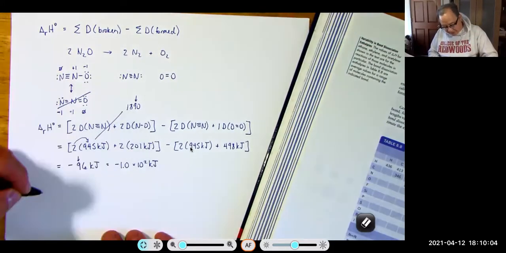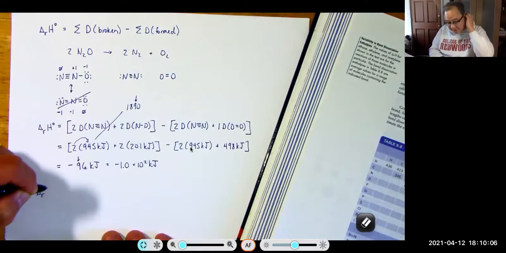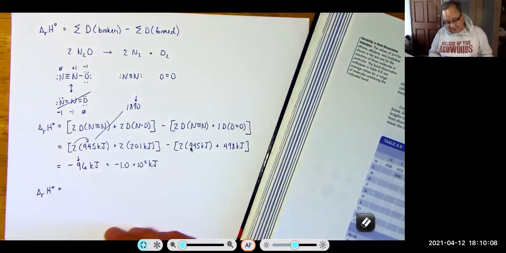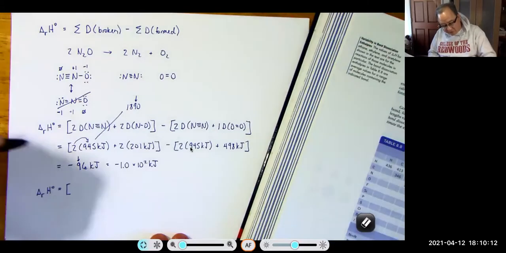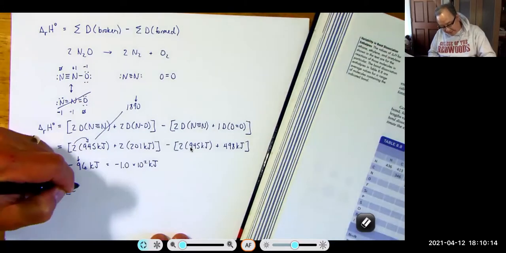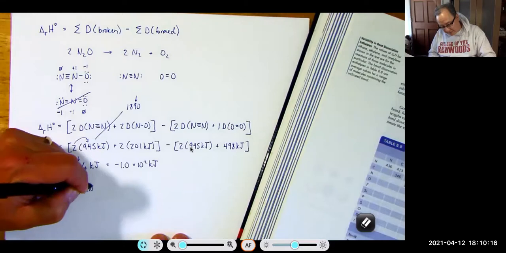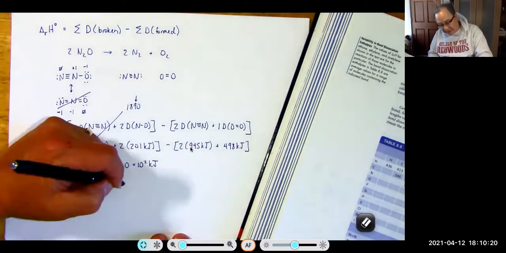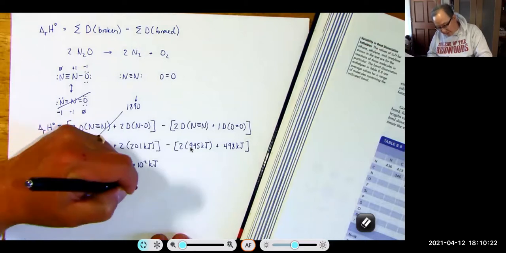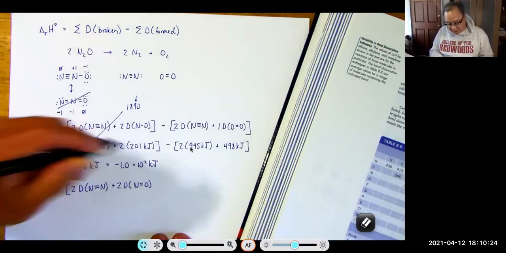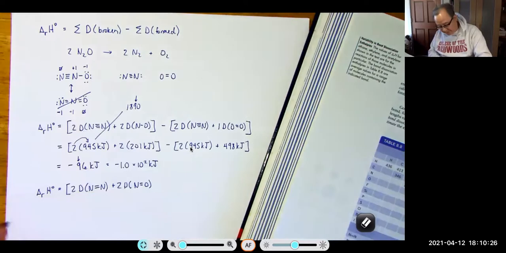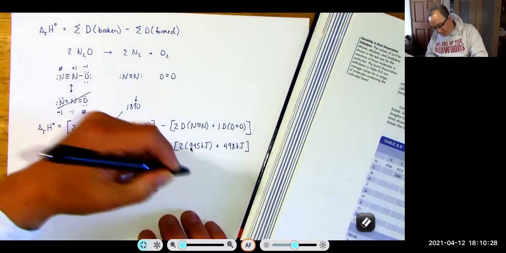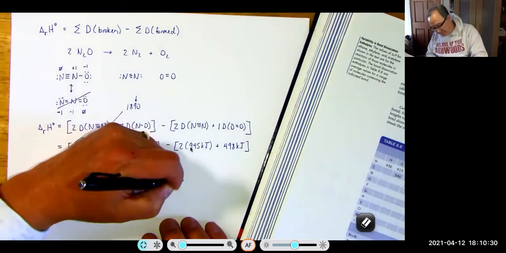Out of curiosity, I want to see how different it is using this resonance structure. So how would things differ here? We'd have 2 N double bond plus 2 N double bond. Only double bond to nitrogen, double bond to oxygen. Everything else would be the same.